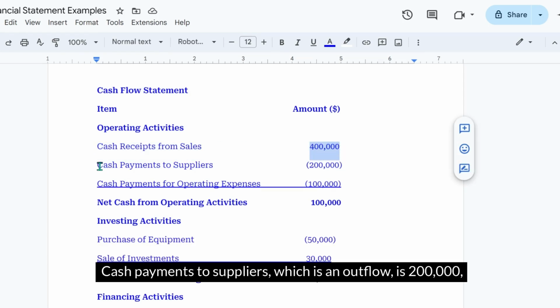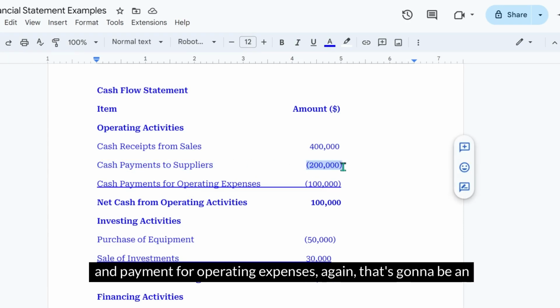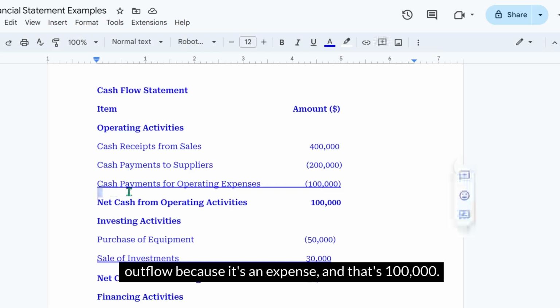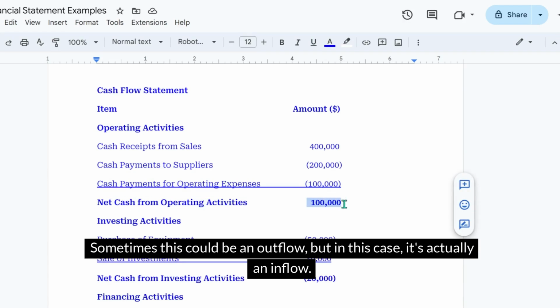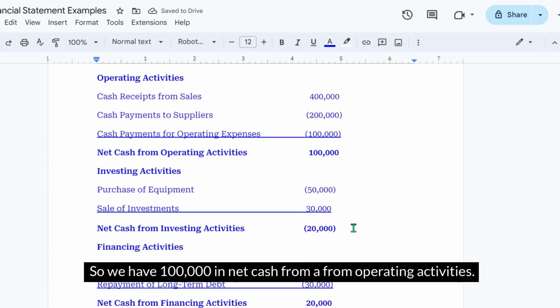Cash payments to suppliers, which is an outflow, is 200,000, and payment for operating expenses, again, that's going to be an outflow because it's an expense, and that's 100,000. And all 3 of them, summed together, give us net cash from operating activities of 100,000. Sometimes this could be an outflow, but in this case, it's actually an inflow. So we have 100,000 in net cash from operating activities.